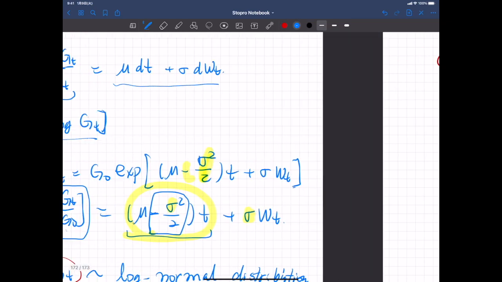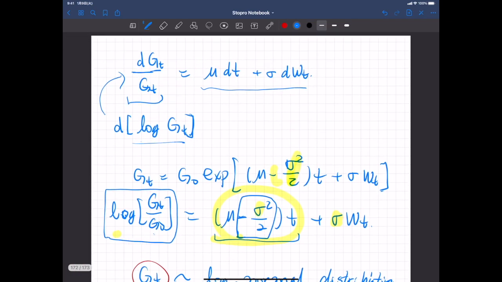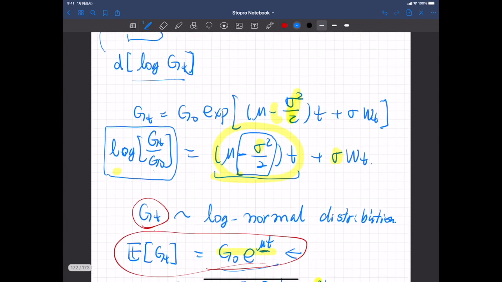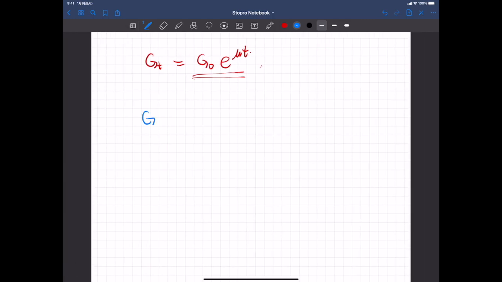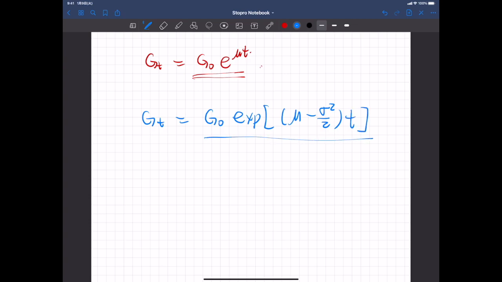Next, have a look again at the solution of the stochastic differential equation here. From this solution, if we ignore this Wiener process part, what we have is g0 exponential of mu minus this term times t. Okay, and this is different from this.